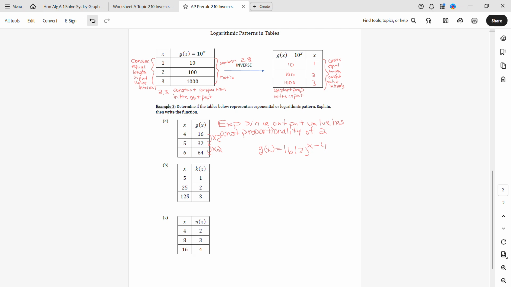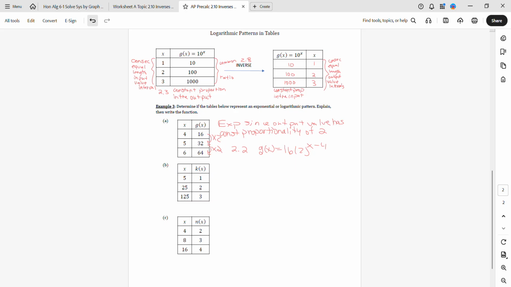We have done this already back in 2. So that's how I find what it was at 0. You don't need to find what it is at 0. It just says write a function. We did. It is that straightforward. All right, how about B?